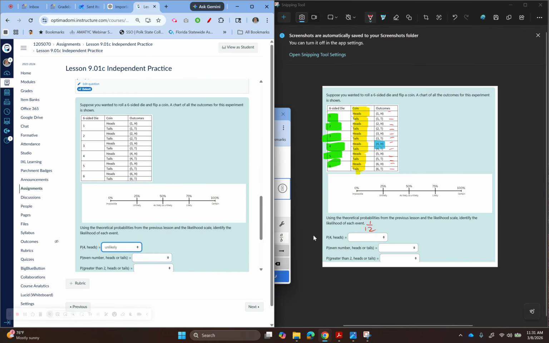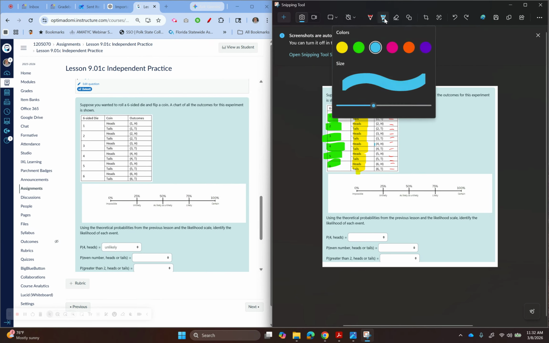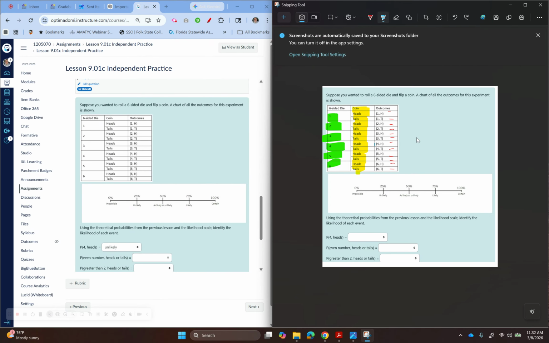Okay. Then the second question is, what's the chance you get an even number and then heads or tails? So what we're going to do now is look at the last column, and I'm looking for even numbers in each of these parentheses. And then I'm looking for H or T, heads or tails.